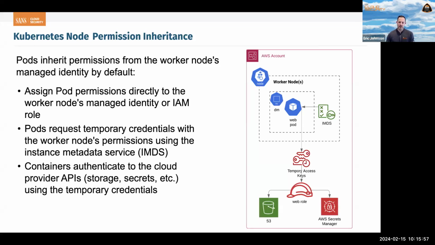So the idea here is that instead of using env or dumping long-lived credentials into the worker or the pod itself, we can leverage the permissions assigned to the worker node up here at the top level. So you would create your Kubernetes cluster, and for every node the configuration will essentially ask you, what permissions does this node need?